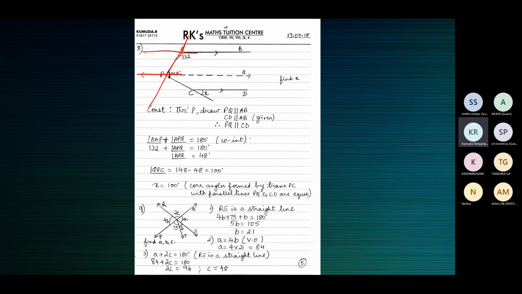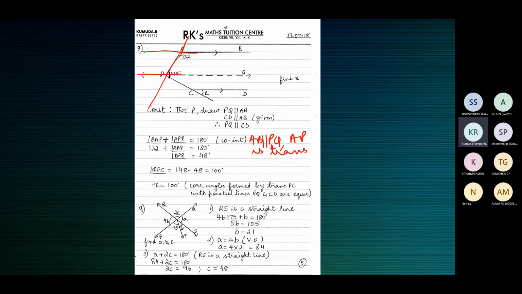So the reason here is the parallel lines are AB is parallel to PQ. And the transversal is AP. AP is the transversal. You can make a note of this in your book. Or if you've written this in your book, this reason may not be there, so you can make a note of the reason.